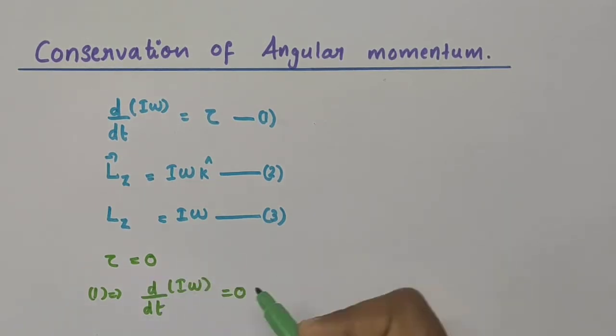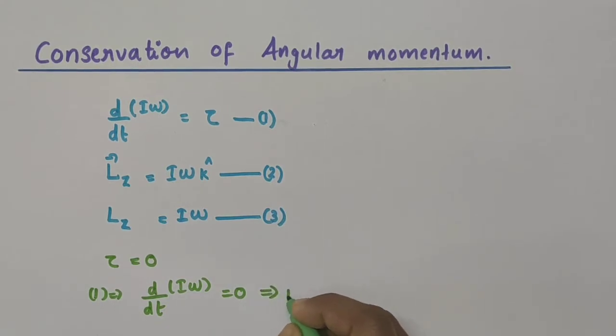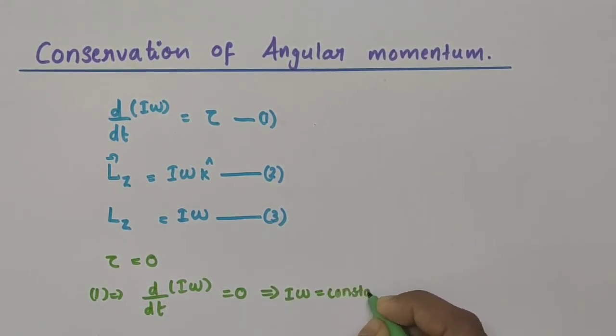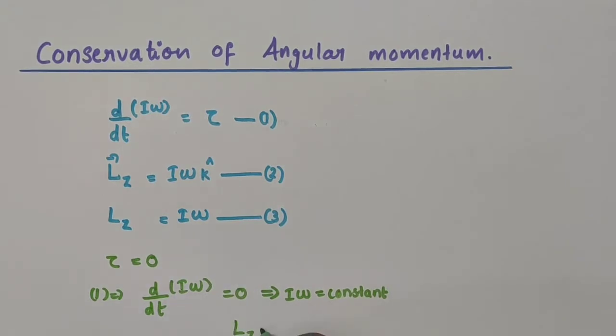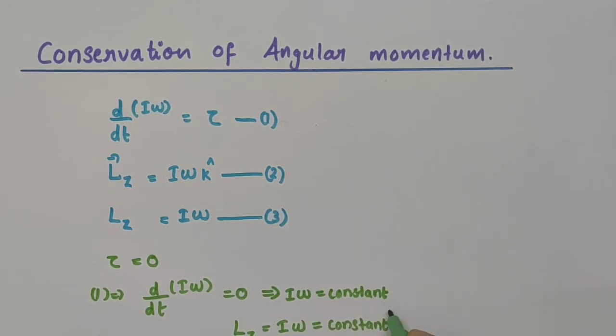So, d by dt of I omega equal to 0 implies I omega equal to a constant. See, from expression 3 we have Lz equal to I omega. So, we can write L subscript Z equal to I omega equal to a constant. That is when torque tau equal to 0. I am taking this as equation number 4.